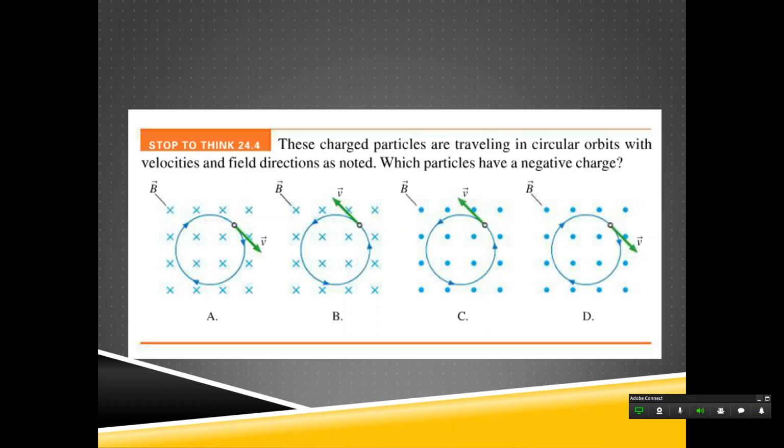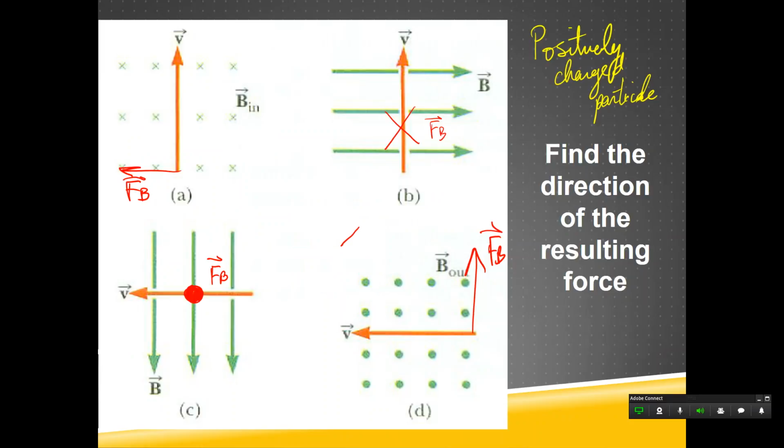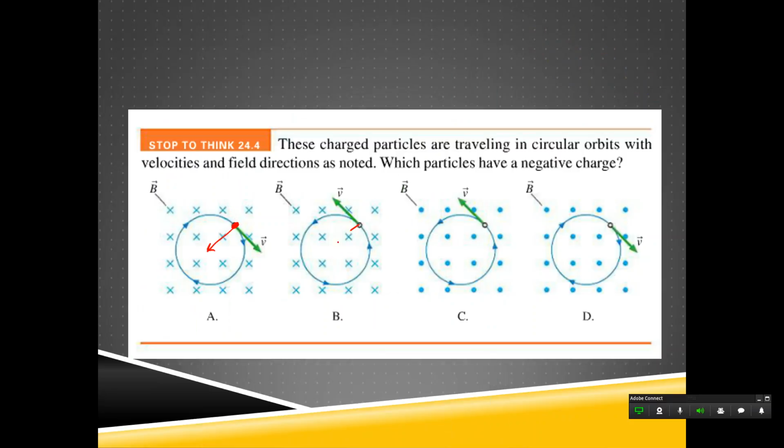So you have to imagine that this particle is being subjected to a force that, if it's going into circular motion, means the force is always towards the center of the circular motion, right? So the force is always going to be in that direction. So which one of these situations represents a negatively charged particle? So which one of these is right hand rule? Which one of these is left hand rule?